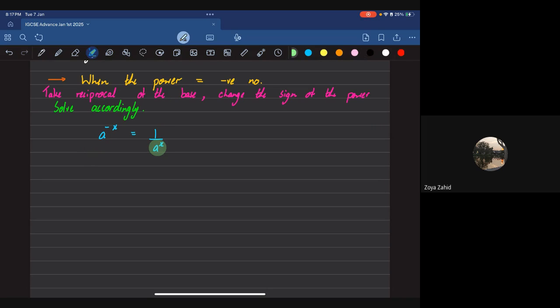On a side note, what would we consider a reciprocal? For example, if I say a over b, and now I write this as b over a, that means I've taken the reciprocal. It's flipping of a fraction, so you change positions. Does everyone get it?